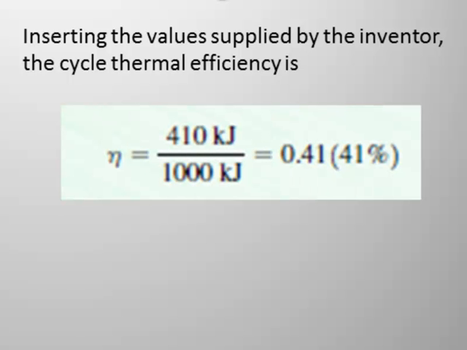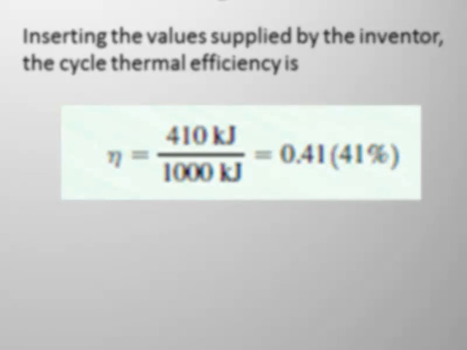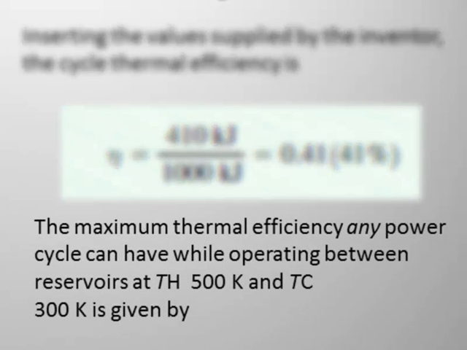If you do that, the efficiency is going to be 410 over 1000, 410 being the work output and 1000 being the energy input or the heat input. That gives us an efficiency of 41%. Now let's go on to evaluate the maximum thermal efficiency.